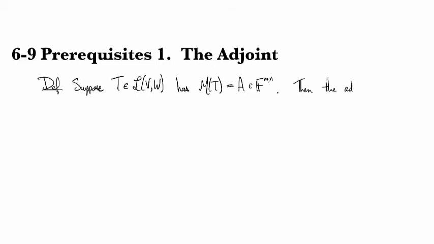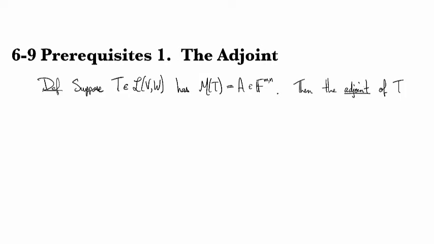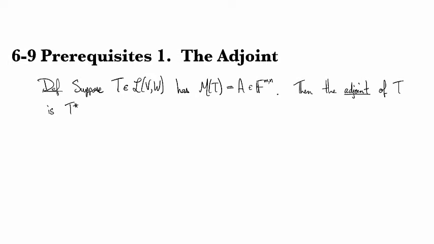So then the adjoint of T is the map T star, which is a linear map from W to V, so going in the opposite direction.